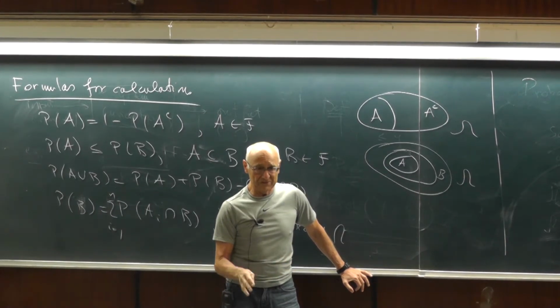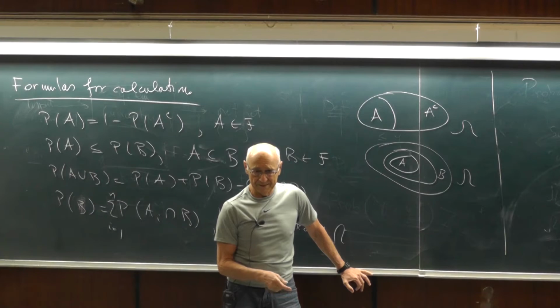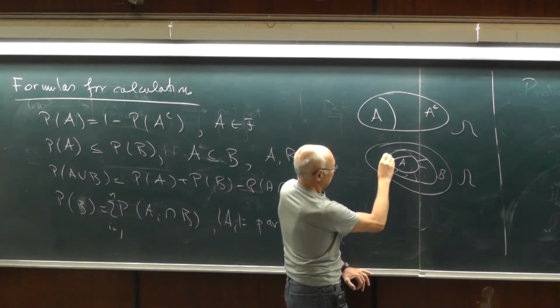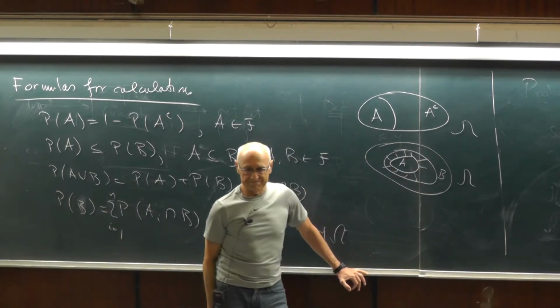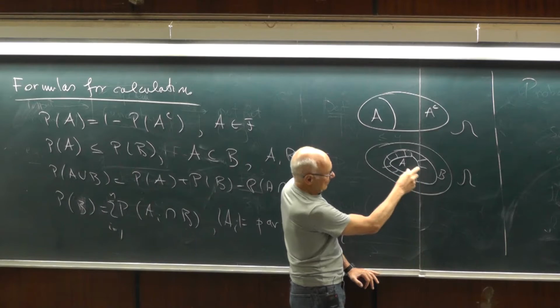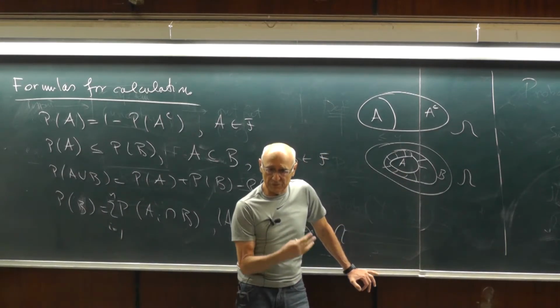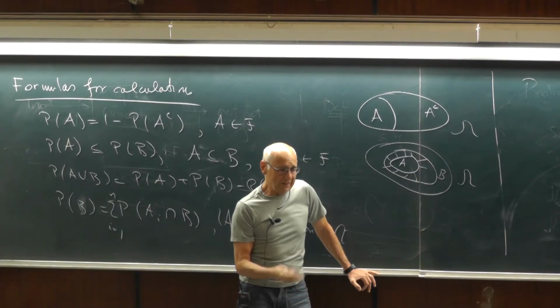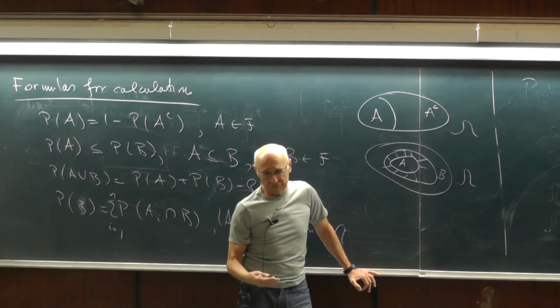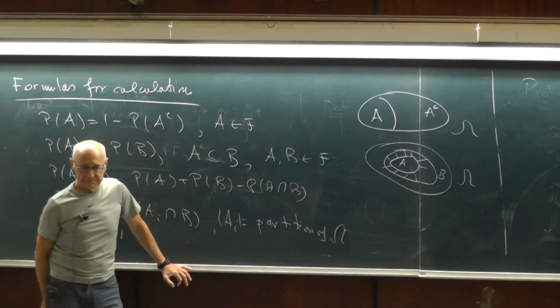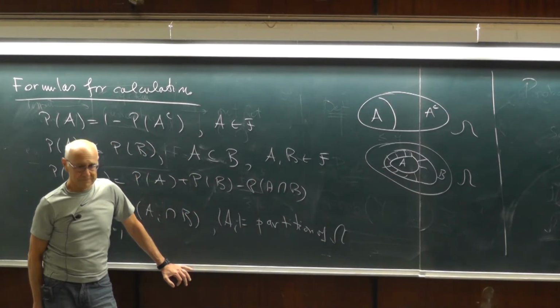If it's not clear, I can write more. But B is made of A plus what's left over, right? So the event B is A plus B minus A. So to the probability of A, you add another probability, which is between 0 and 1. So it clearly satisfies this inequality. Okay, good with everybody?